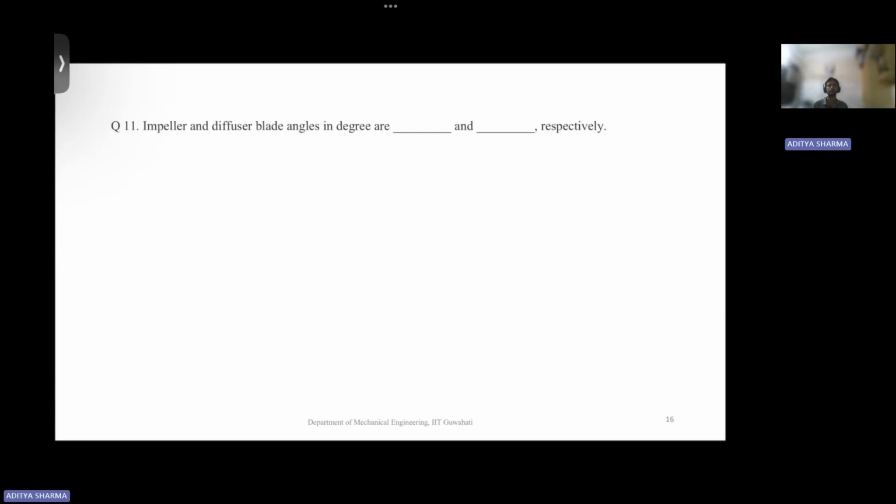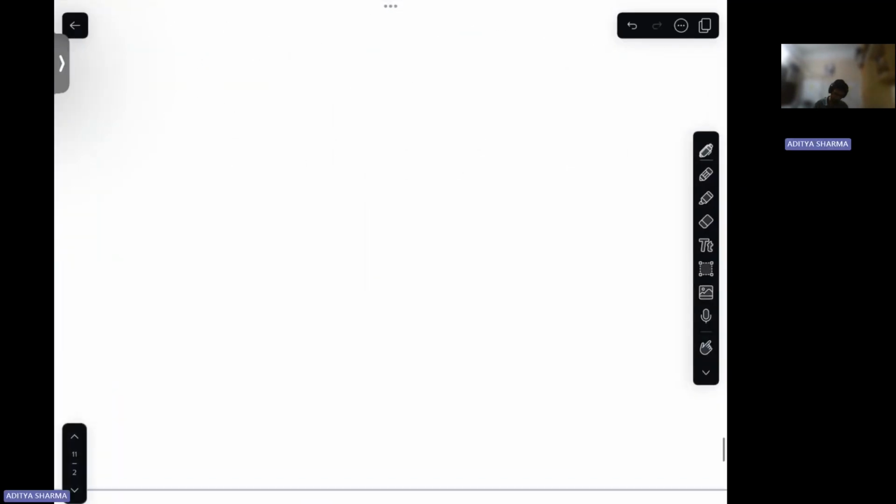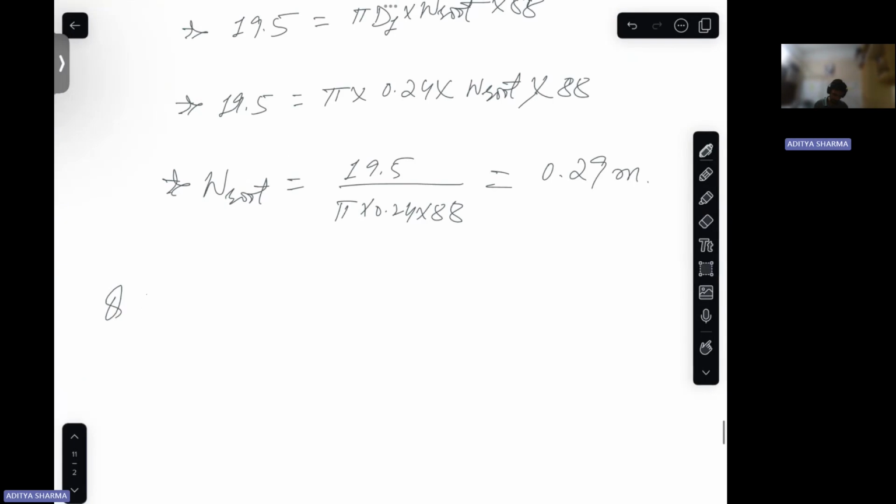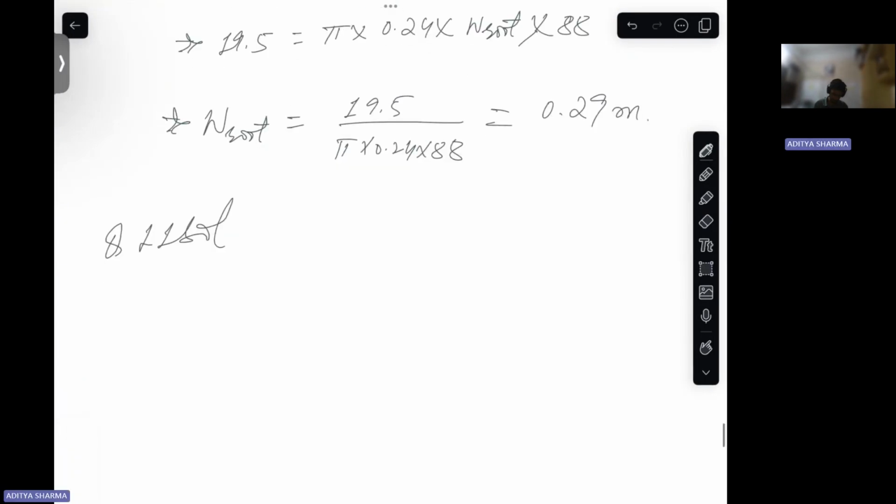Then for question number 11, you have impeller and diffuser blade angles in degrees, alpha root and alpha tip respectively. So question number 11, solution.